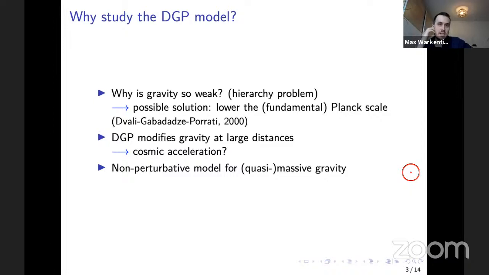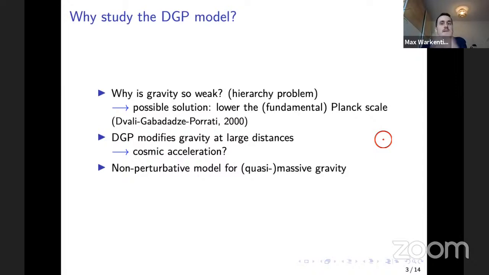Let's first discuss the DGP model a little bit. One of the reasons to introduce the DGP model was to answer the question of why gravity is so weak, and hence offer a solution to the hierarchy problem. Since this model modifies gravity at large distance scales, it was hoped to give an explanation for the cosmic late time acceleration, maybe even without the need for a cosmological constant.